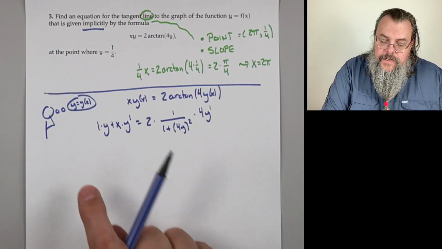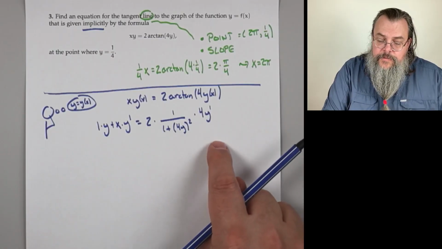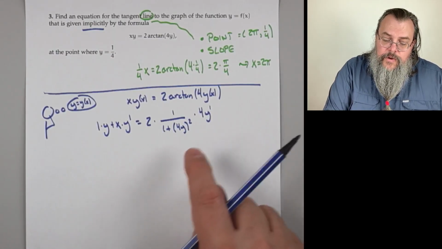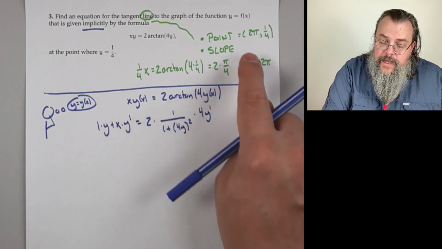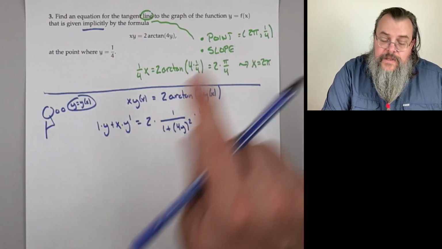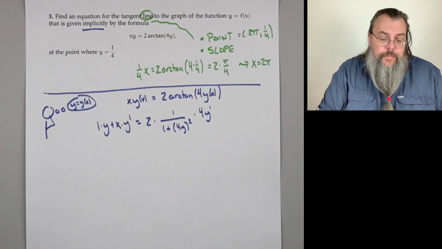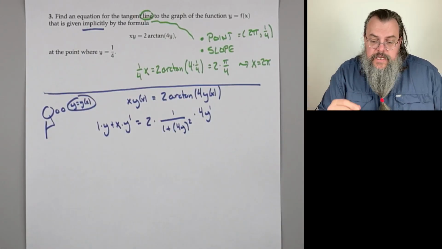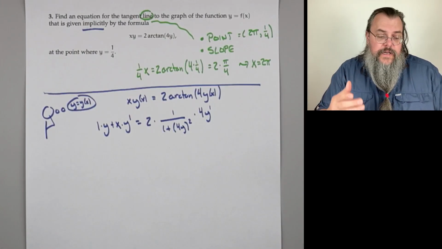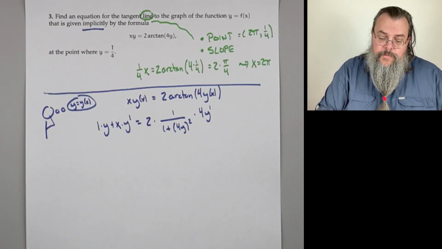Okay, good. Now, what are we going to do? Well, we're after y prime at our point. So now our next step is we're plugging in. So we're plugging in x equals 2 pi and y equals 1/4.